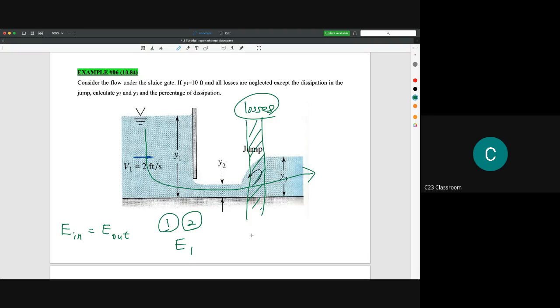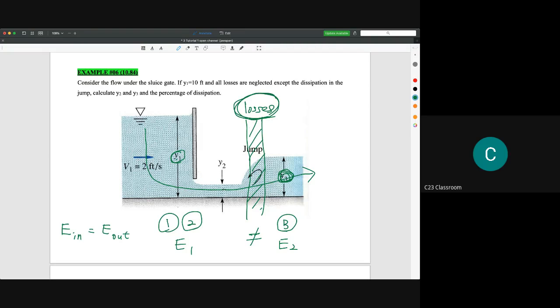However, the energy before and after the hydraulic jump is totally different. So that means you cannot equalize the energy at 1 with the energy at 3 because the hydraulic jump occurs in the middle. So there are energy losses in the hydraulic jump, and the total energy at 3 is not equal to 1 and 2.